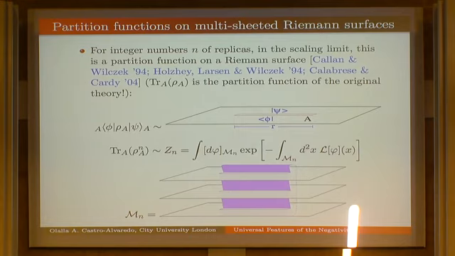So, replica trick. This idea of considering replicas to get to the entanglement or to the negativity is an old idea. It was already used at the very beginning by Callan and Wilczek, and it actually originates from the context of studying random theories, in fact.